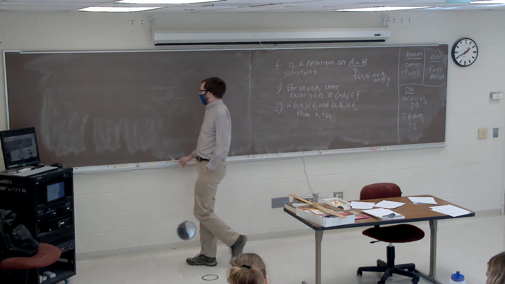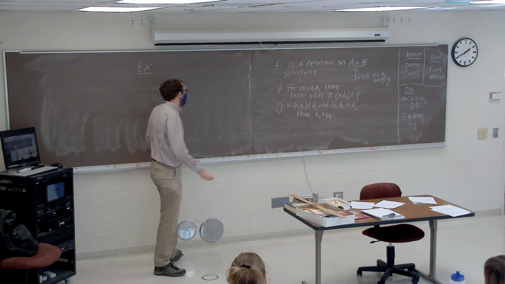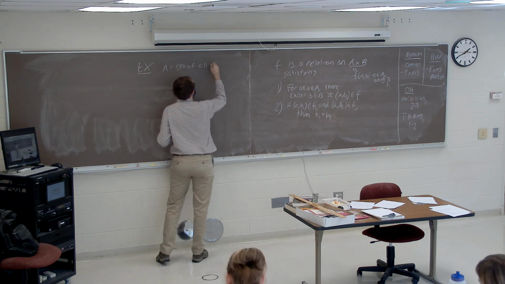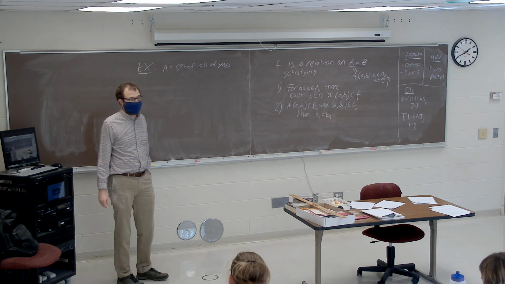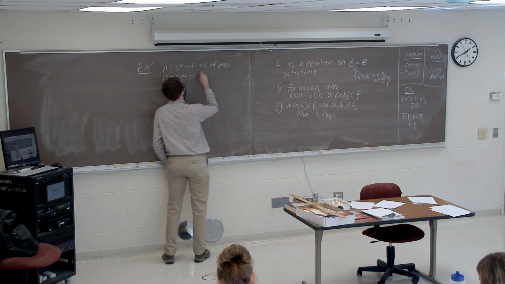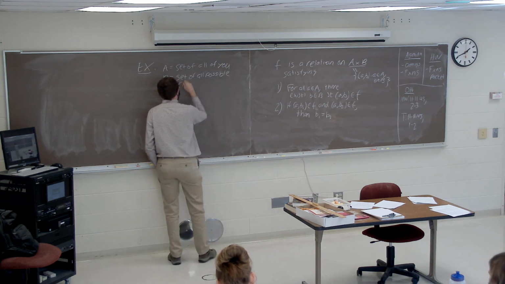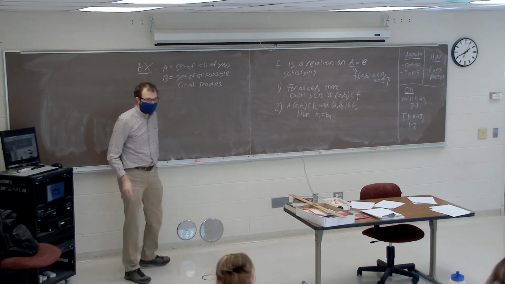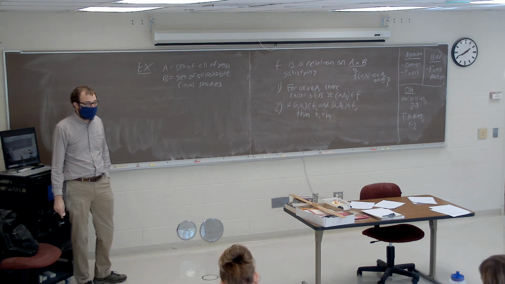So for a quick example of what this might look like, we could say that A is the set of all of you, students in the class, and B is the set of all possible final grades. Yes, I know this hasn't been established yet, but let's pretend you've gotten final grades in the class.